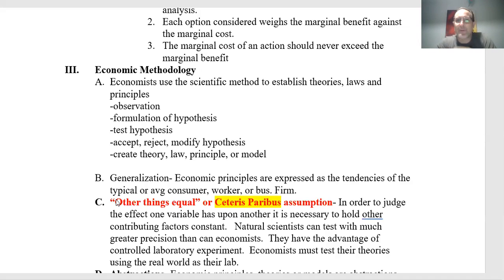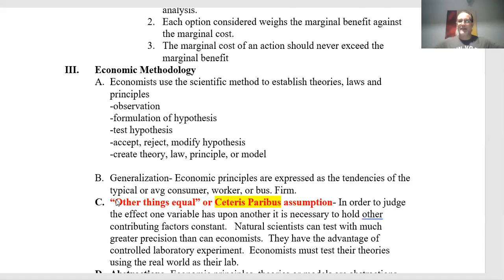Now, ceteris paribus says we have to just isolate Coke and Pepsi to do that experiment. Could we be concerned with Snapple or 7-Up or Sprite or coconut water or all these other variables? Yes, but that's what ceteris paribus says, is ignore other things equal. You have to ignore all the other brands, anything else that could influence that decision.